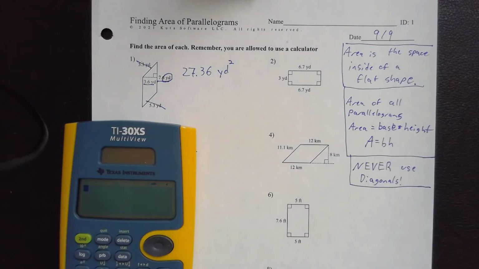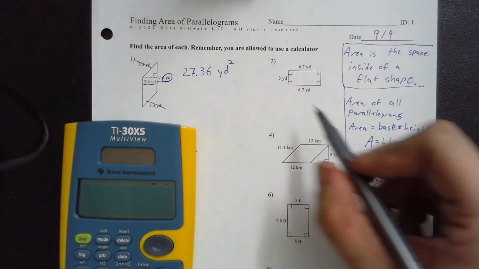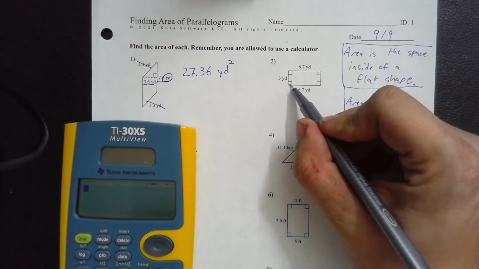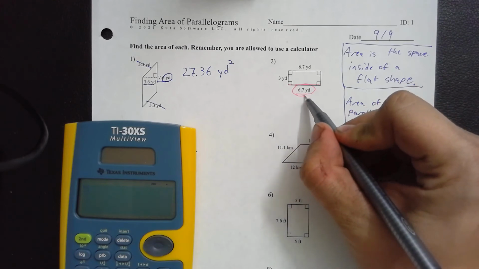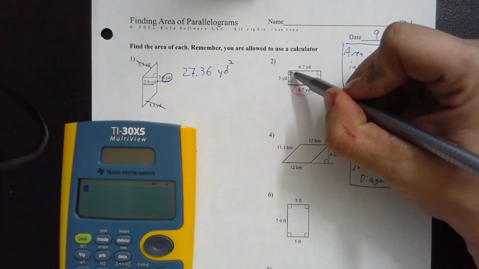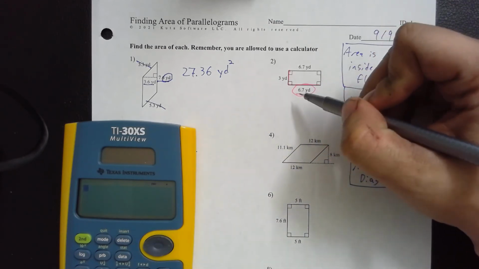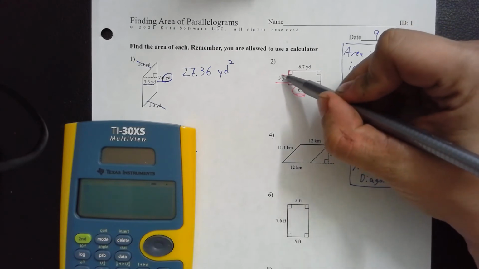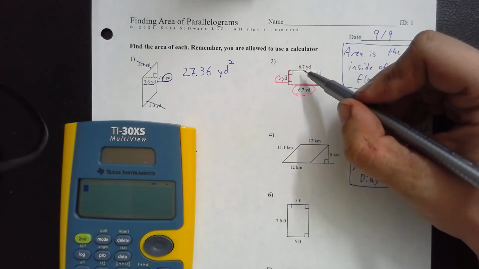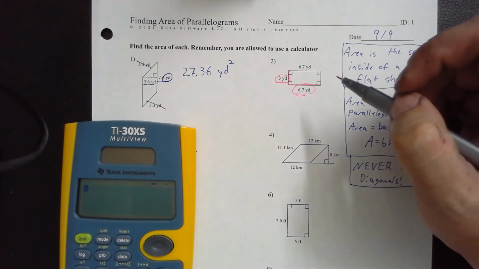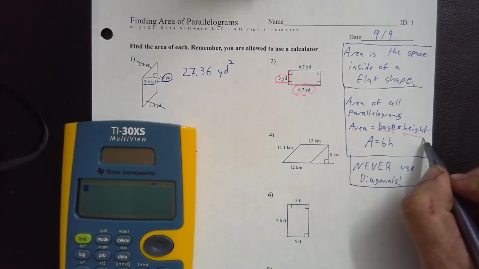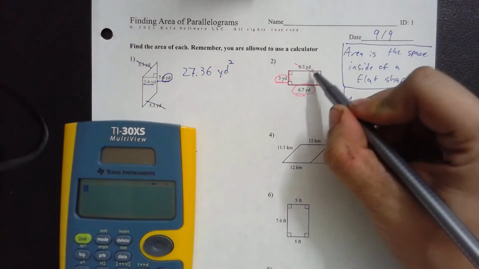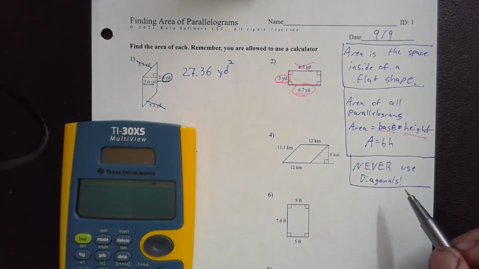Let's go ahead and look at a rectangle, another type of parallelogram. For a rectangle, our base is going to be going side to side, so it looks like we could use maybe this line, or 6.7, and our height is a line that goes straight up and down, like this one, and that would be 3 yards. But we have 6.7 yards again. Well, it looks like we only need one base and one height. So we don't need another one. We can cross that out.